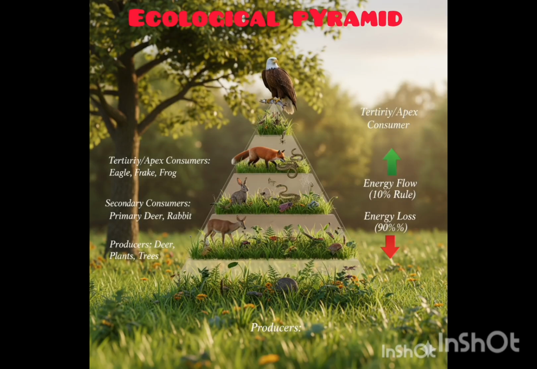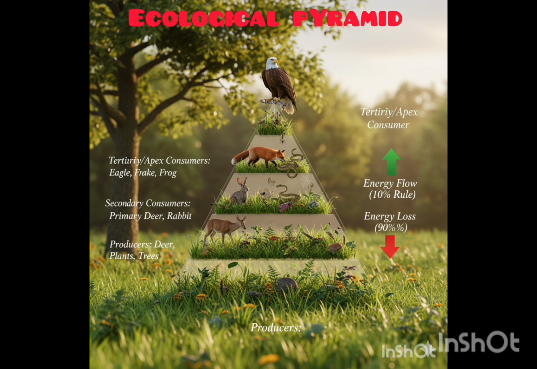What is an ecological pyramid? Ecological pyramid is a graphical representation of different trophic levels that occur within the ecosystem. Here we can see at the bottom level is the producer, and after that the primary consumer, then secondary consumer and tertiary consumer.